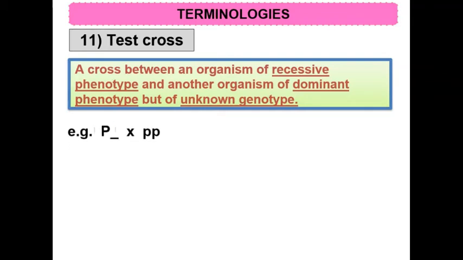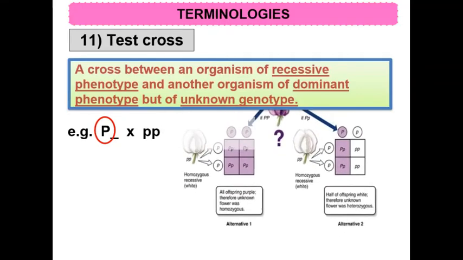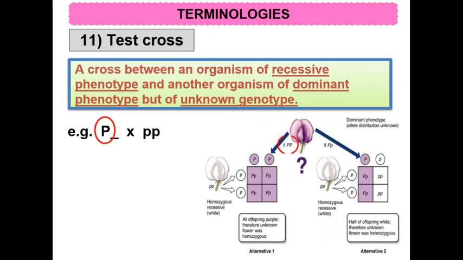The individual must have one dominant allele, but the individual could be either homozygous dominant or heterozygous. If all the offspring are dominant phenotype, the unknown genotype is homozygous dominant. If any of the offspring display the recessive phenotype, the unknown genotype is heterozygous.